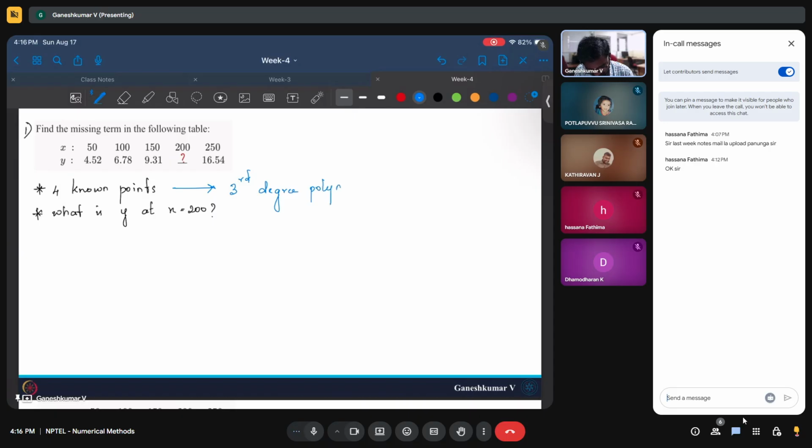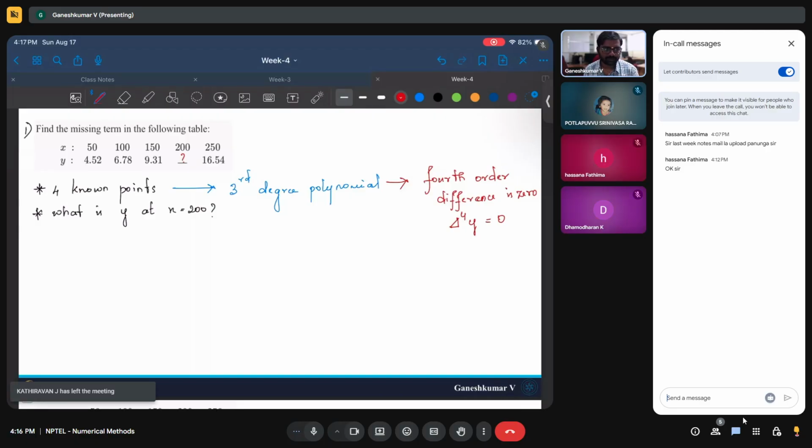If you can fit a third degree polynomial, what we know about a third degree polynomial is that its fourth order difference is 0, which means del power 4 y is equal to 0. If you keep doing the difference for a third degree polynomial, the fourth order difference is 0.